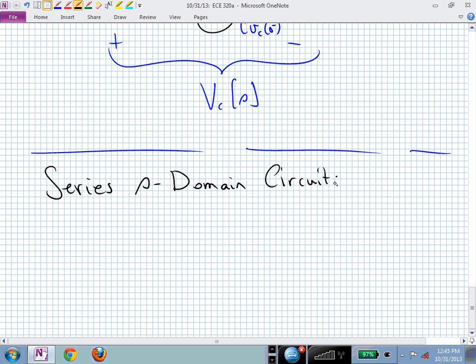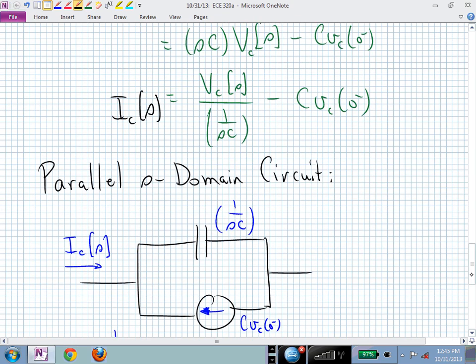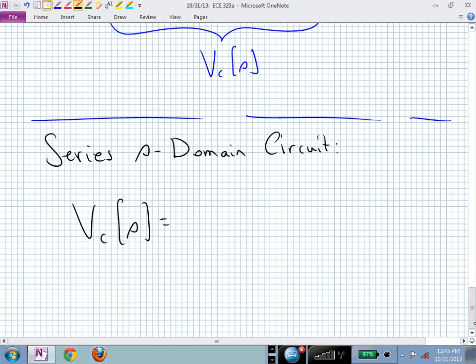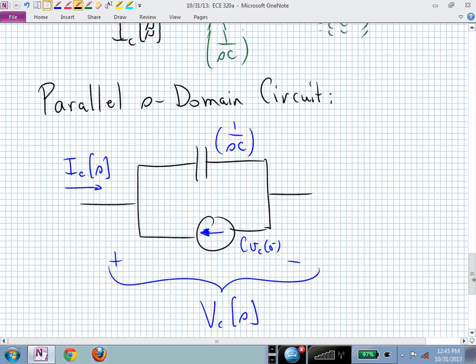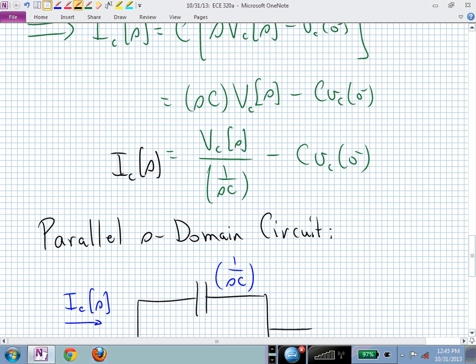In this case, we now need to solve for the capacitor voltage in this earlier expression, and I can do that by multiplying everything by 1 over SC, and I now have 1 over SC times I sub C of S plus, and if I multiply minus C by 1 over SC, what do I get?